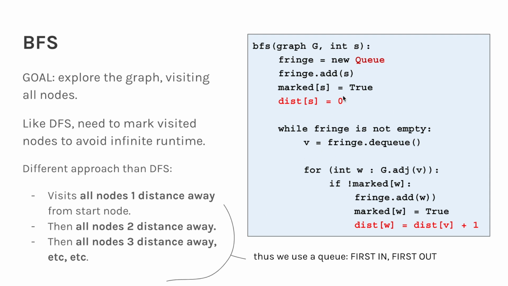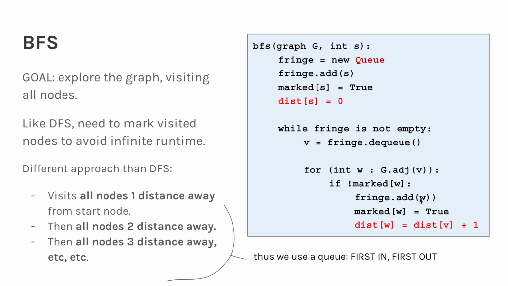So here's the pseudocode on the right. And hopefully staring out at you is that we're using a queue instead of the stack that we used with DFS. So why do we use a queue? Well, a queue is first in, first out, which is perfect for our case because, let's go through the pseudocode for a couple steps and it'll become clear. So we start with the start node and then you add all of its children to the fringe, right?